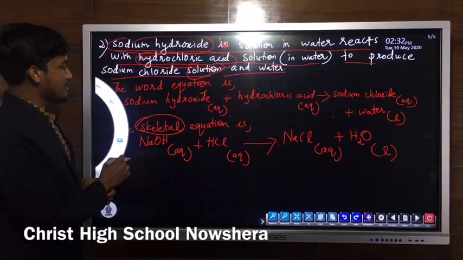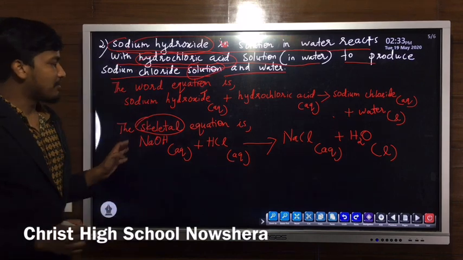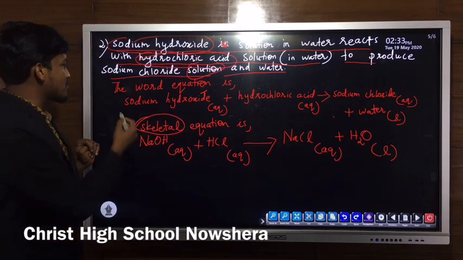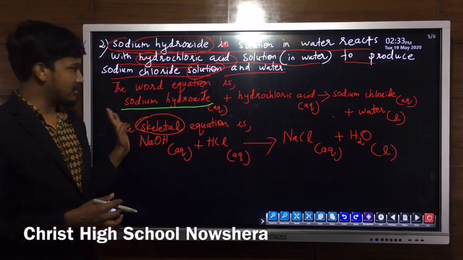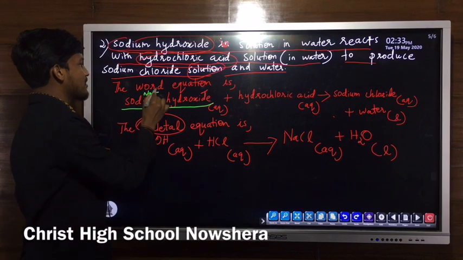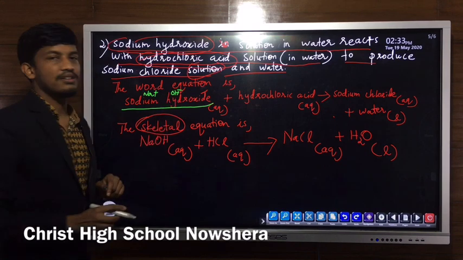From the next step, we will write the unbalanced or skeletal equation. For writing the skeletal equation, in place of the names, we will write the chemical formulas. First one, sodium hydroxide. It is an ionic compound. Sodium cation Na plus, hydroxide OH minus.